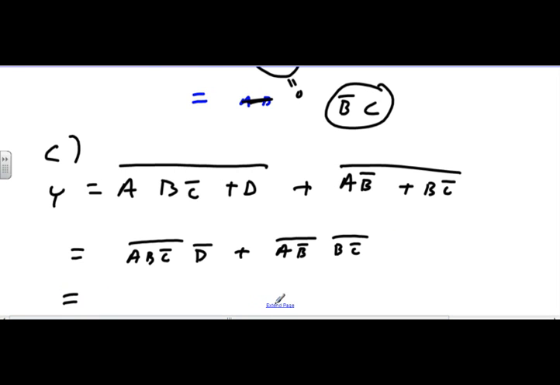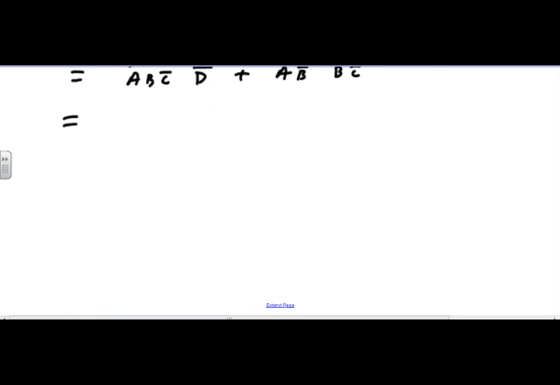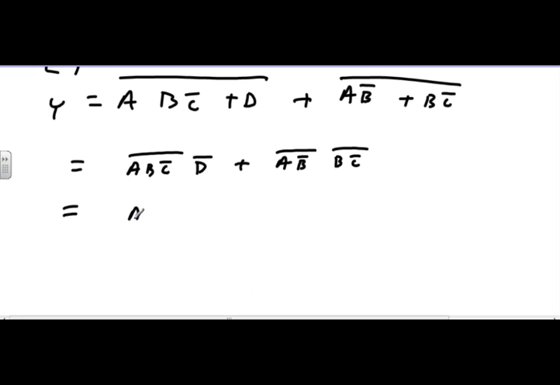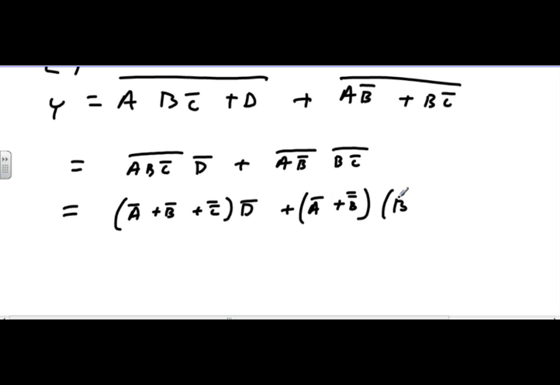Okay, next step: A naught, or B naught, or C double naught, D naught, or A naught, or B double naught, B naught, or C double naught.